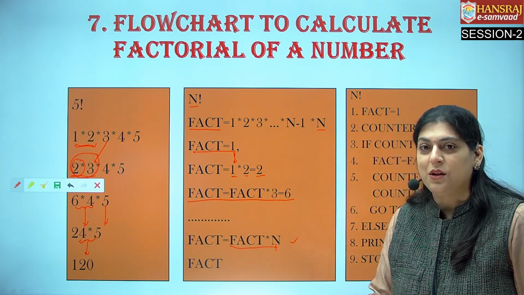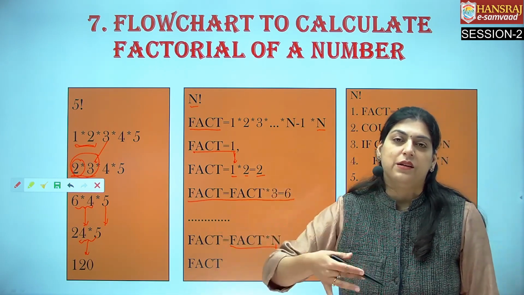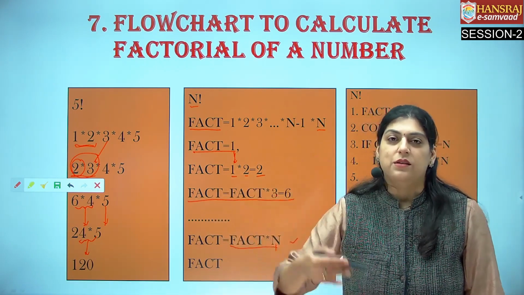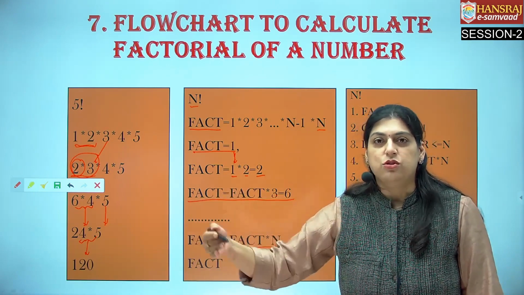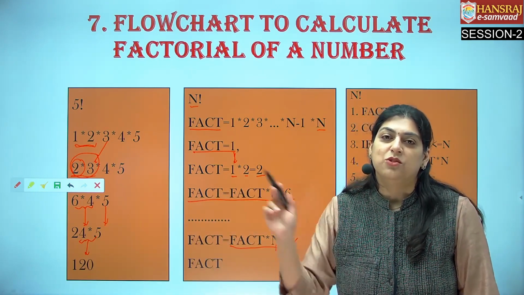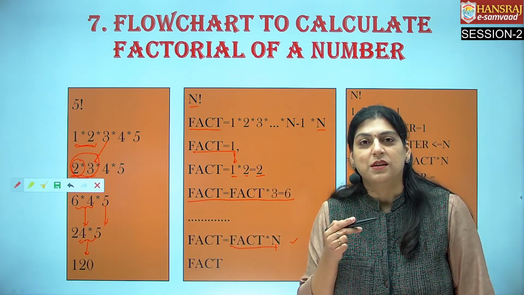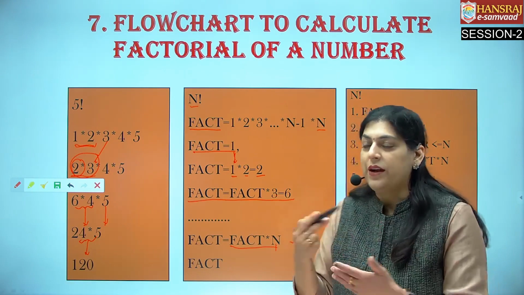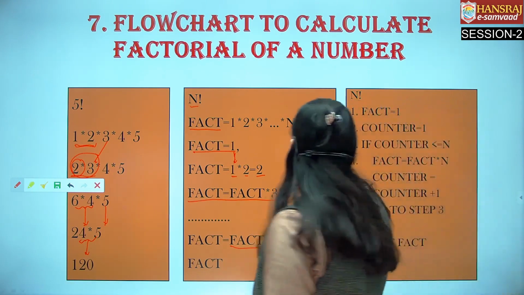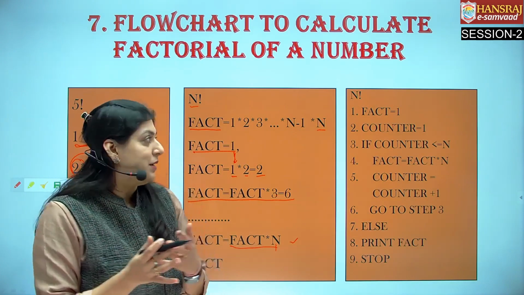So fact is equal to fact into 1, fact is equal to fact into 2, fact is equal to fact into 3, fact is equal to fact into 4 and so on till n is attained. So this statement is to be repeated n number of times, right? So what I will do, I will try to apply the loop concept in this, right?